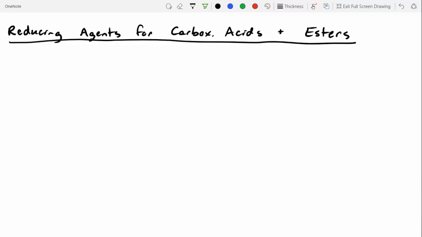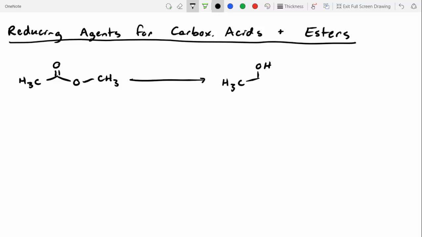All right, so let's take a look at an example of one of these. And for the example, I'm going to use an ester. This time, if we reduce it, we're still going to form an alcohol. However, it's going to be a little bit different.